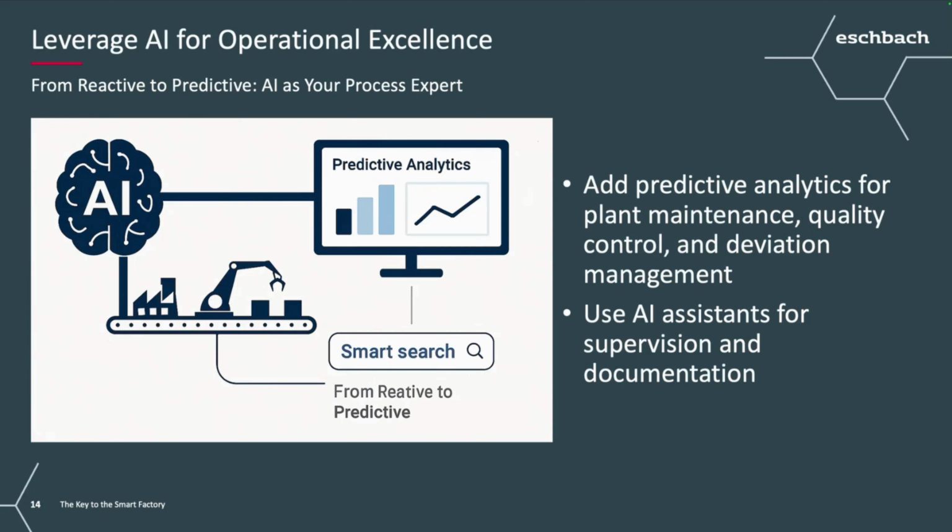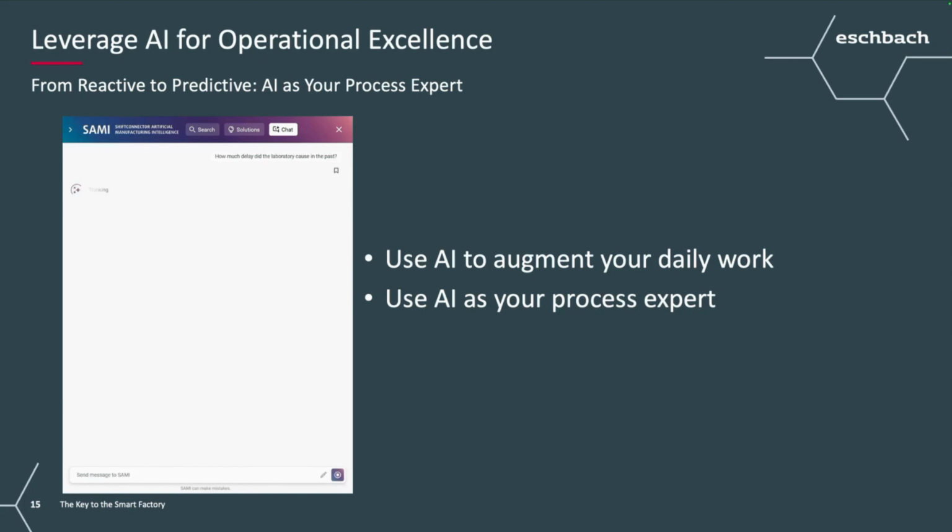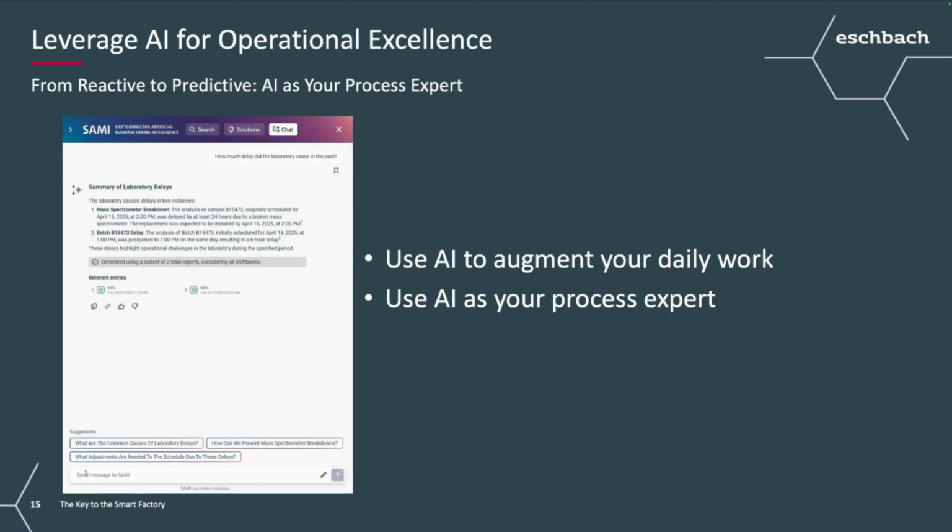So use that as your co-worker with all the large language models and Gen AI that is available right now. You can talk to your AI co-worker if you so like, as to any other co-worker. You can use that with prompts, you can use that with speech to text and so on and so forth. And they help you to augment your daily work and being your process expert for the area that you are responsible for.